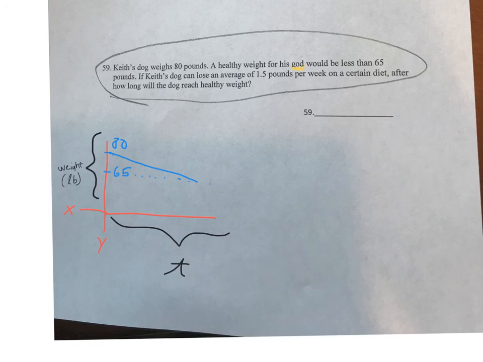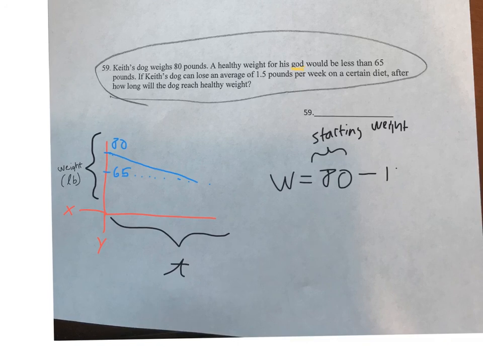Well, the equation is weight equals, I'm going to put the y-intercept first, because 80 is what you start with, right? That's the starting weight. And it's going to be a negative slope. It's going to be starting weight minus 1.5 pounds per week.